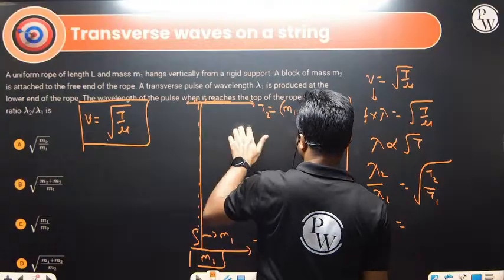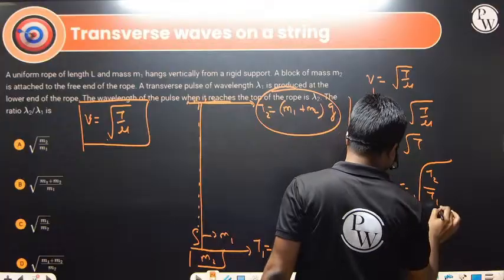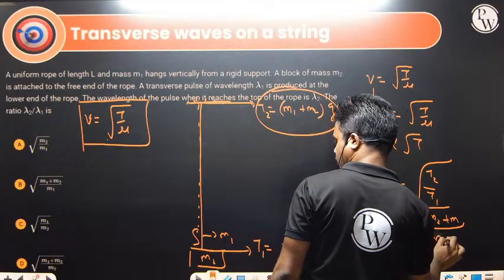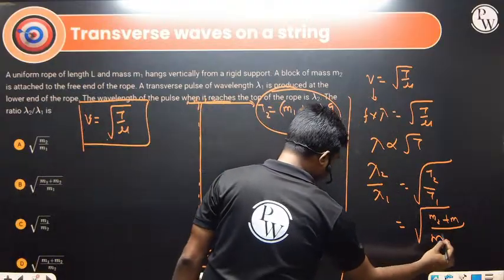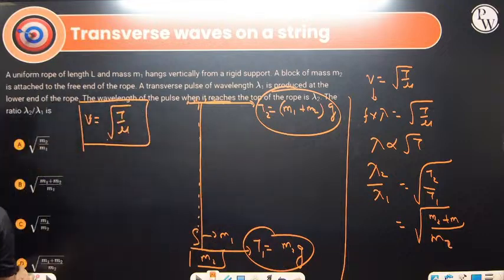What is T2? Under root (m2 plus m1) divided by m2, because at this point T1 is m2g and at this point T2 is (m1 plus m2)g. So the answer is under root (m1 plus m2) divided by root m2.